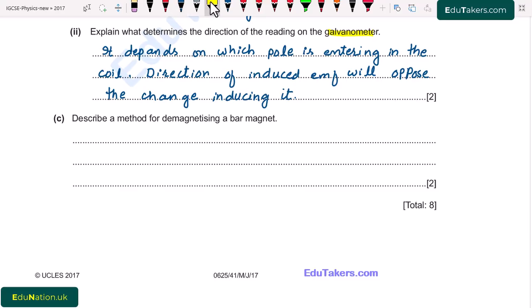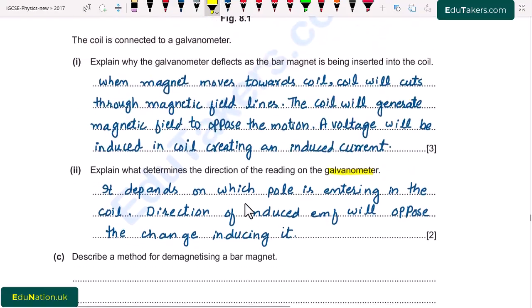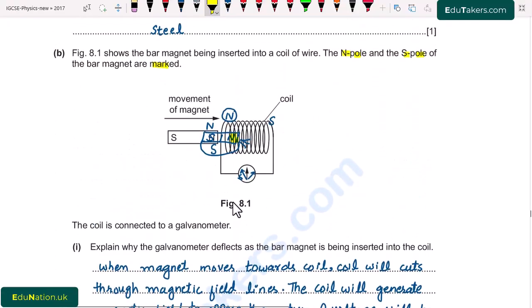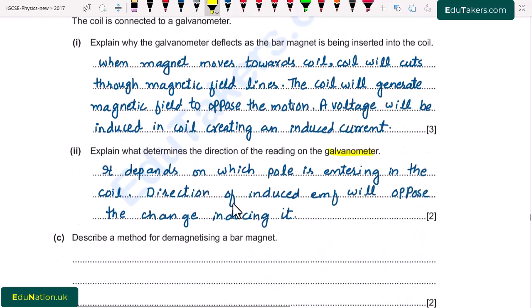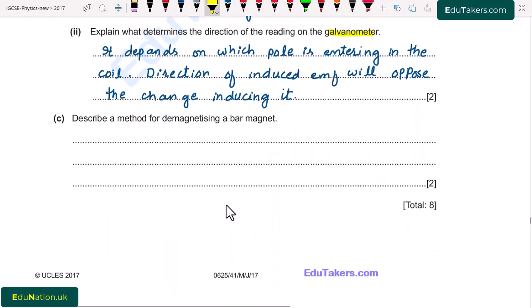Part C. Describe a method for demagnetizing a bar magnet. So how can we demagnetize a bar magnet? First of all, if we remove the bar magnet from the coil and decrease the current to 0, then there will be demagnetization of the bar magnet.